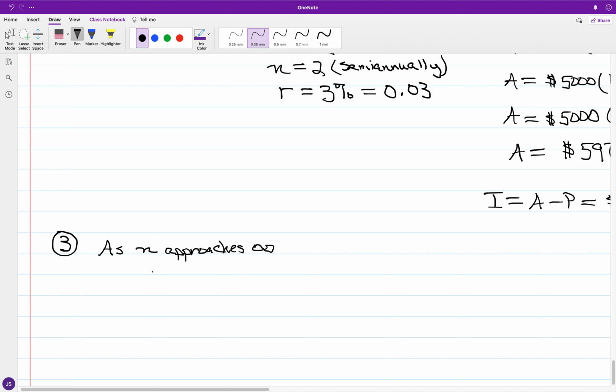as n approaches infinity. What's going to happen here is that for the future value, we have P times the quantity 1 plus r over n, raised to the n times t, as n approaches infinity. So that statement portion is going to be affected.